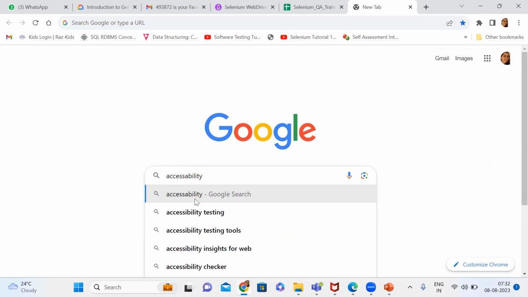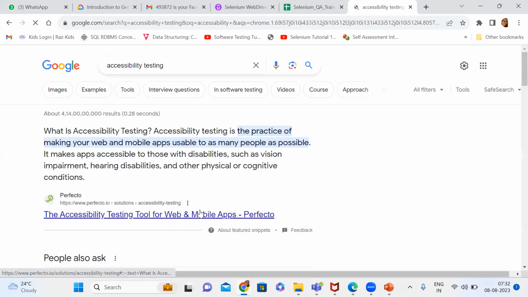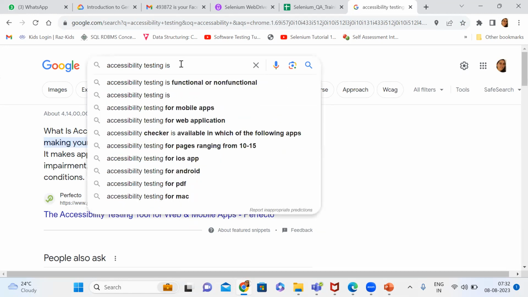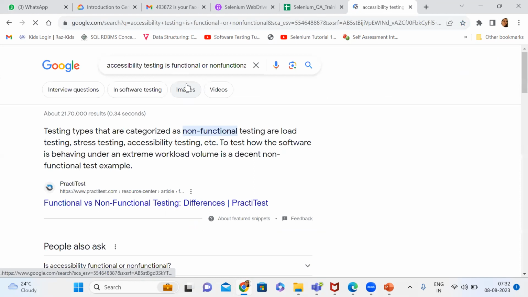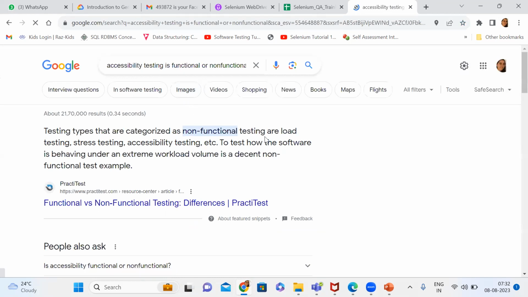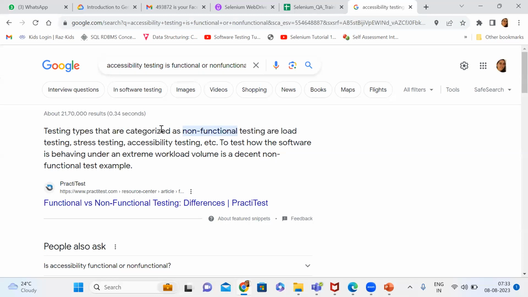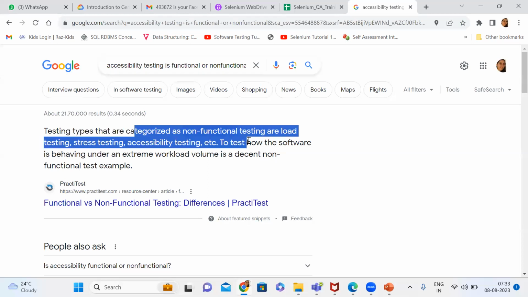Ma'am, accessibility testing means usability, same. Then it is non-functional, categorized as non-functional testing. Yes, so accessibility is the same as usability.